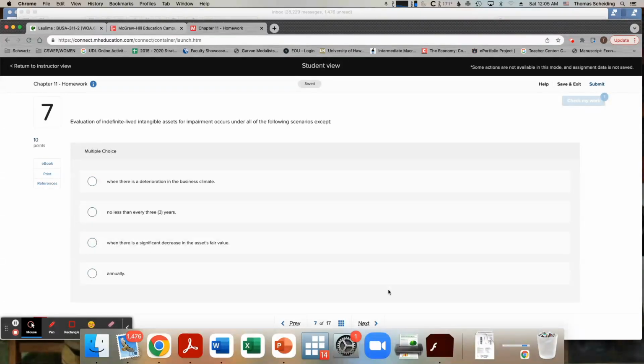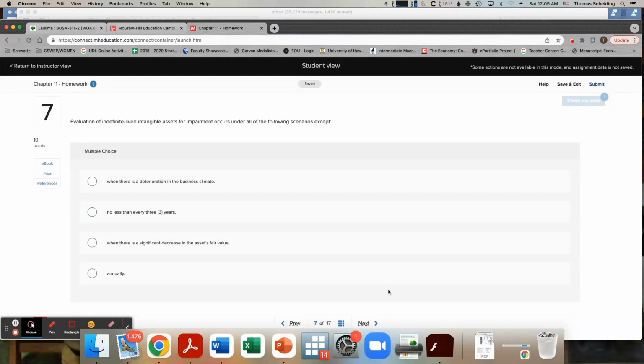This is definitional. When would we be evaluating an indefinite-lived intangible asset for impairment? Under what conditions would we do that?